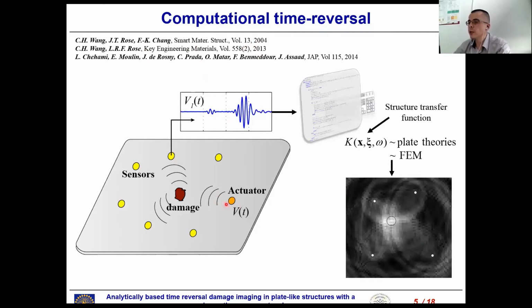The idea is that we have an actuator and we have some sensors. We get information from the sensor, and after that we do this re-emission in virtual domain, so using some computational approaches. For example, the authors have implemented plate theories, and finally we can have some map from which we can judge about the place where our damage is taking place.